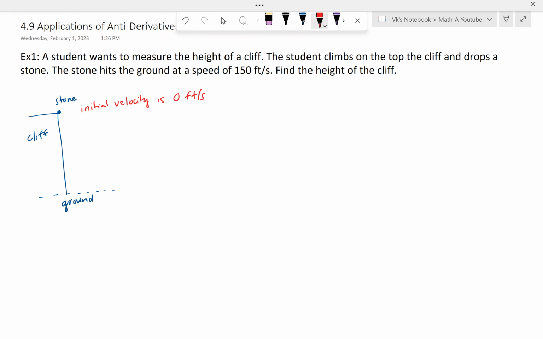We also know another very cool piece of information: the initial height with respect to the ground is the height of the cliff. We also know the impact speed.